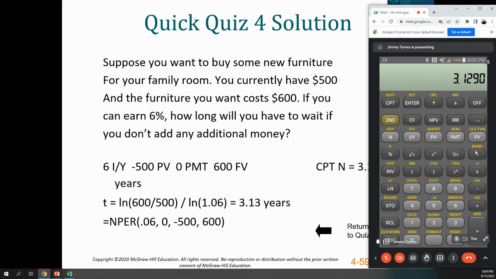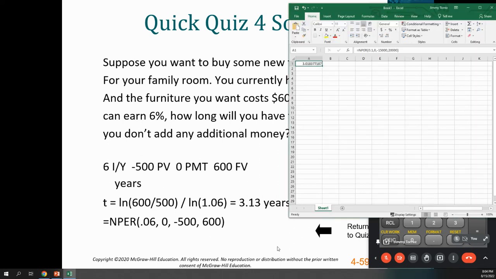And finally, we'll do it in Excel. Okay. The number of periods. First thing is the rate, which is 6%, which is 0.06. Again, we got to do this in decimals. The number of payments is 0 because it's just a one-time thing.